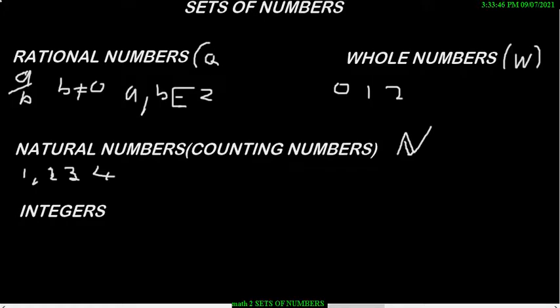And integers simply start from negatives: -2, -3. So integers are simply whole numbers that include negatives.